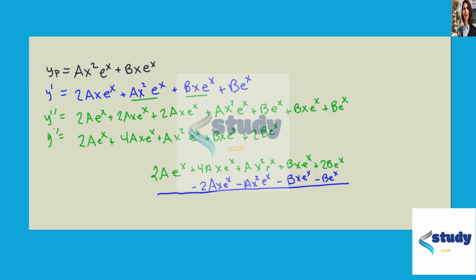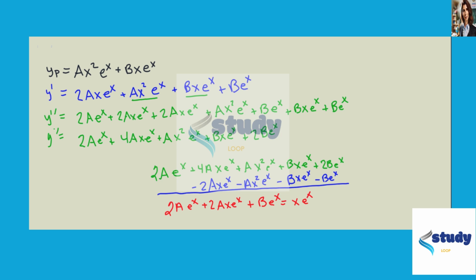So when I subtract that, I get 2a e to the x plus 2ax e to the x, cancels, plus b e to the x equals x e to the x.